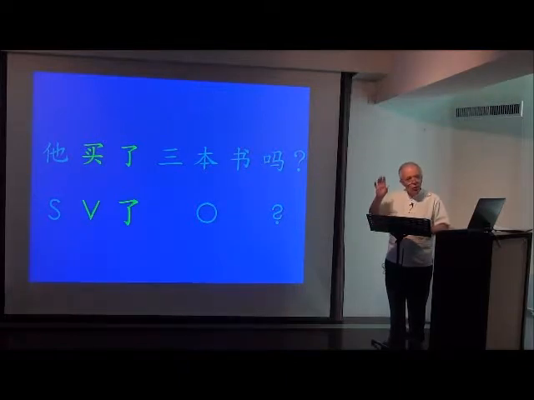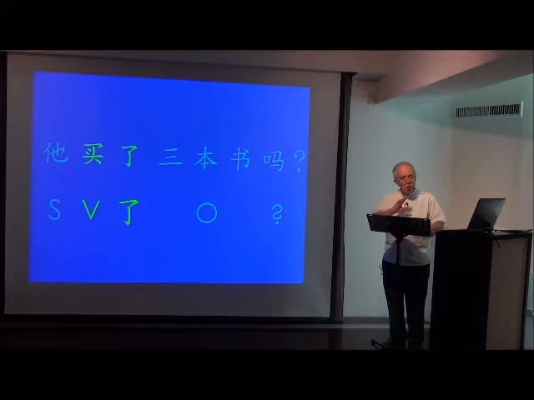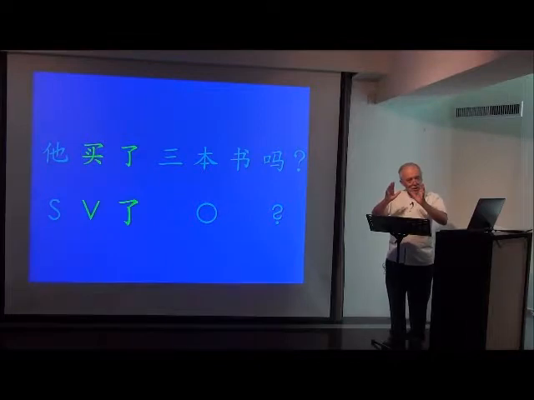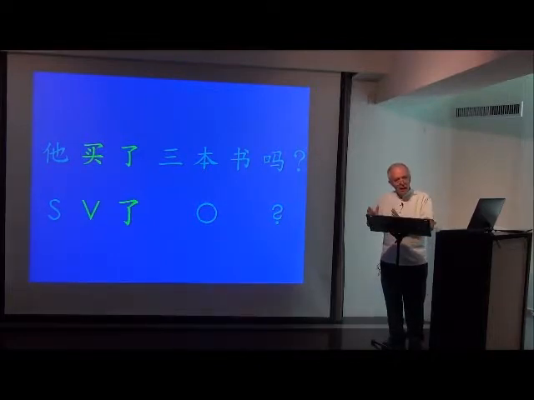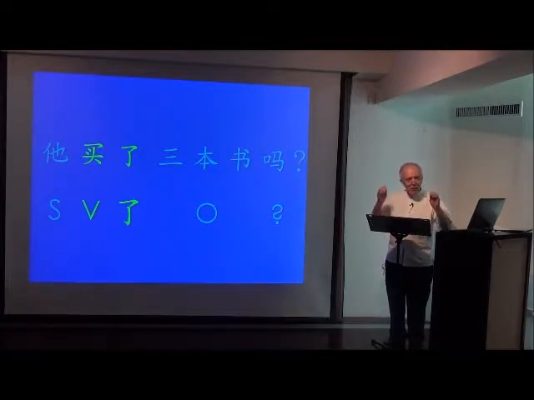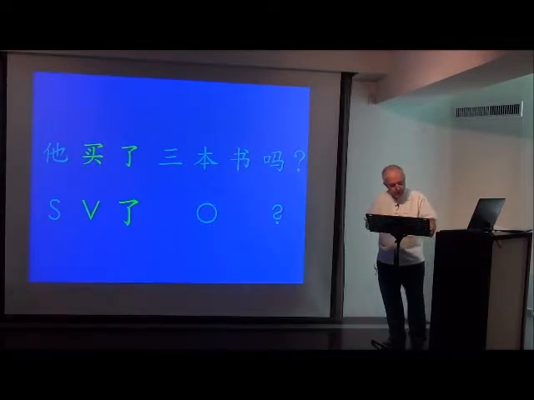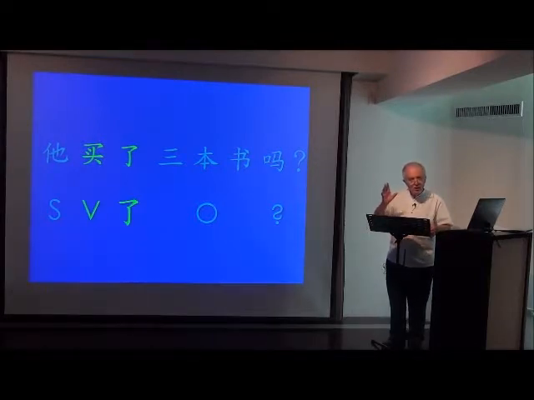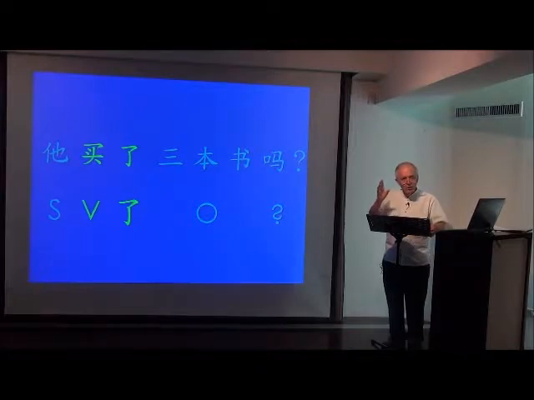And so it's important that we point out to our students that 了 is only used with action verbs, not with adjectives, and also not with linking verbs. And so it's important to notice that whereas in English tense and time must agree, I went yesterday, not I go yesterday, in Chinese we just have to think about was the action completed.